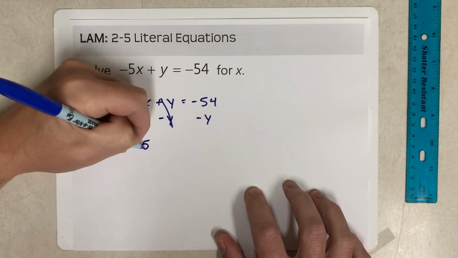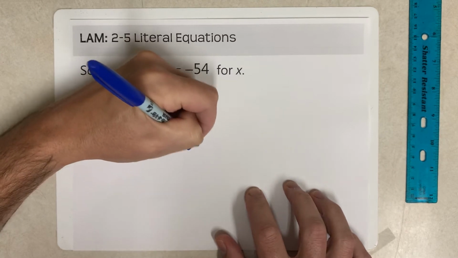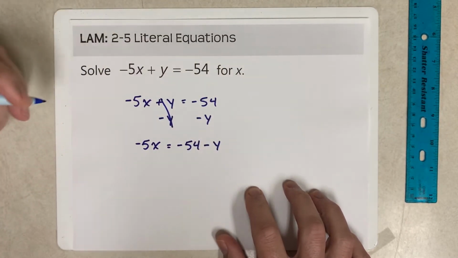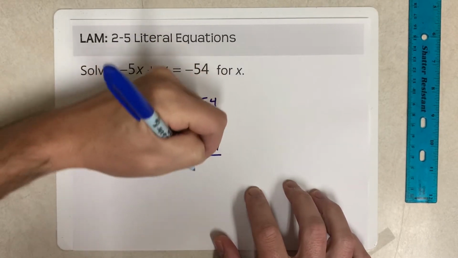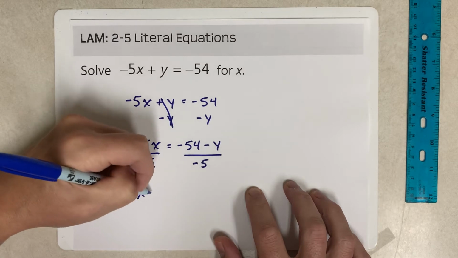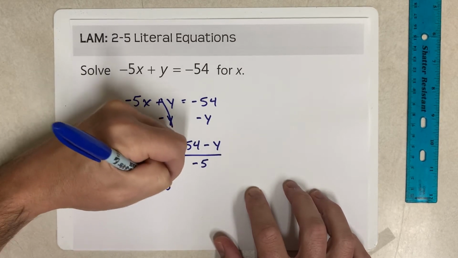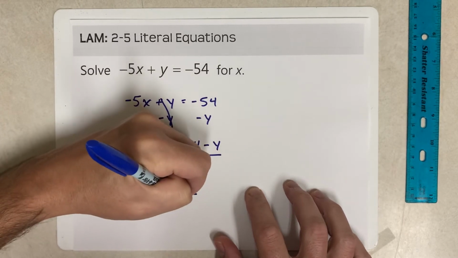Bring down my negative 5x equals, and let's just say negative 54 minus y. Now let's divide by negative 5, both sides. They cancel, and x is equal to negative 54 minus y over negative 5.